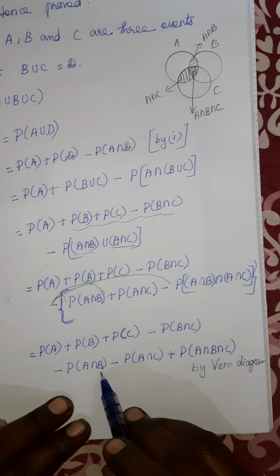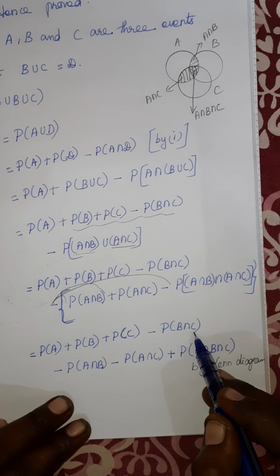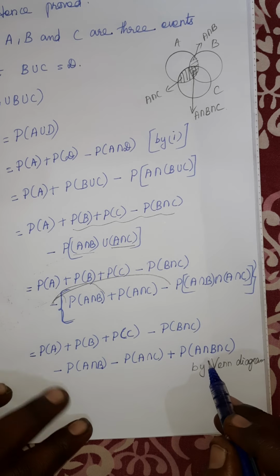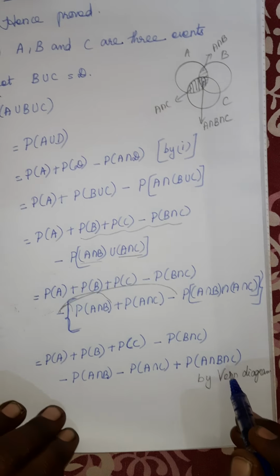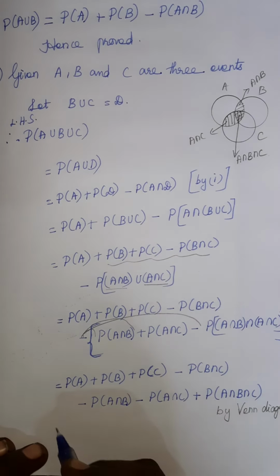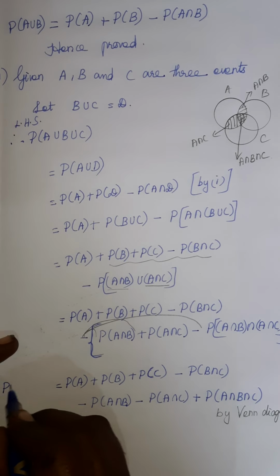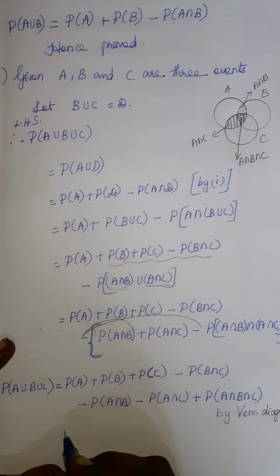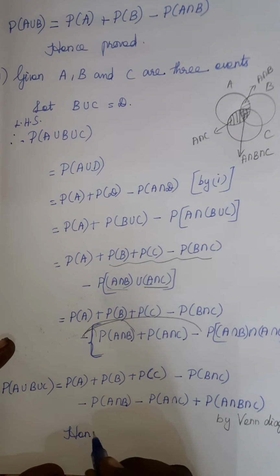Minus P of B intersection C minus P of A intersection C plus P of A intersection B intersection C. Okay, so we got this answer. We can write hence proved. On the left side you have P of A union B union C. Okay, we can write hence proved.